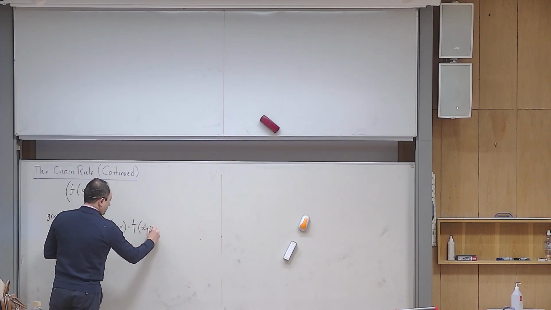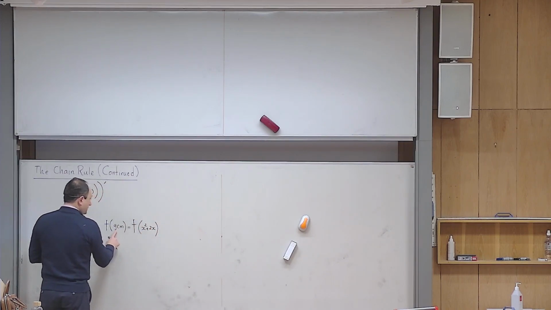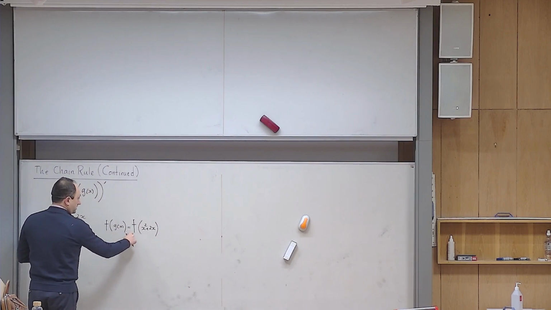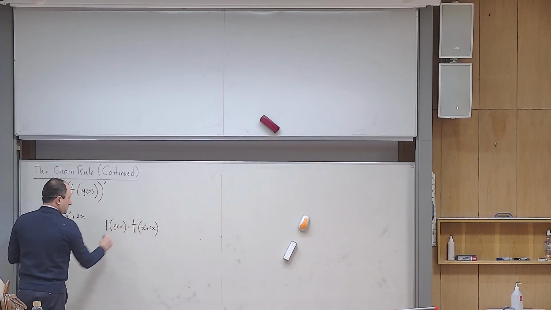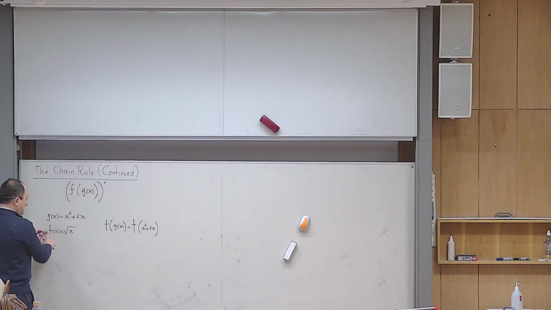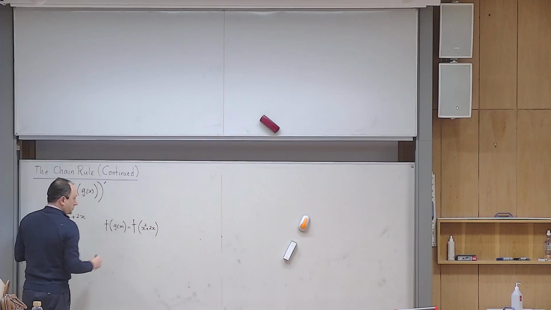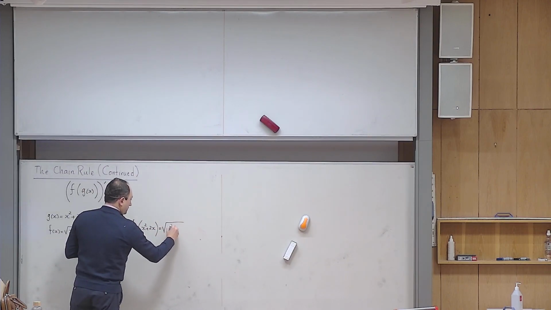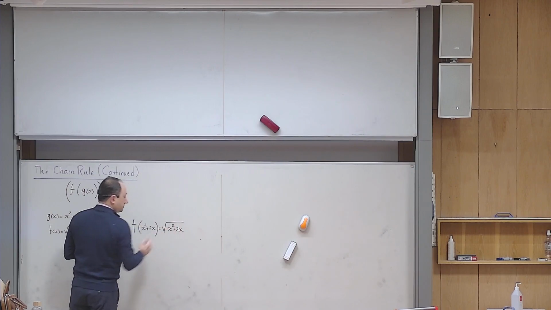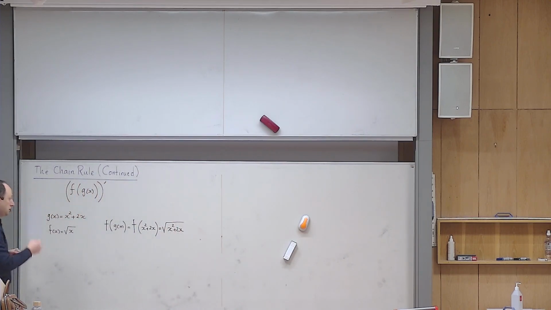And when I get the result from the first function, I apply the second function on the new input. F sends any input x to the square root of that input. Now the input is x squared plus 2x, so the output becomes the square root of x squared plus 2x. So that is the meaning of f coming after g.